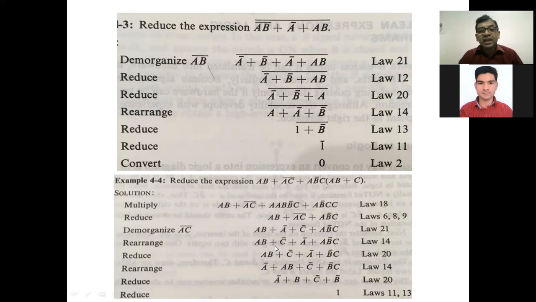So this becomes AB plus C bar plus A bar plus AB bar C. By using law number 14, this can be reduced as AB plus C bar plus A bar plus B bar C. Then it can further be reduced as A bar plus AB plus C bar plus B bar C by using law number 14, and then A bar plus B plus C bar plus B bar, and then it will become 1 by using law numbers 11 and 13.